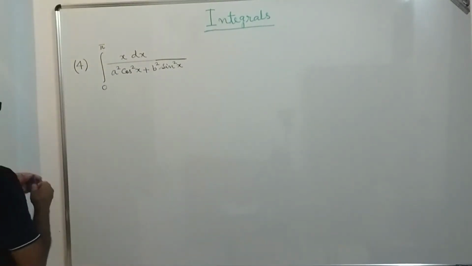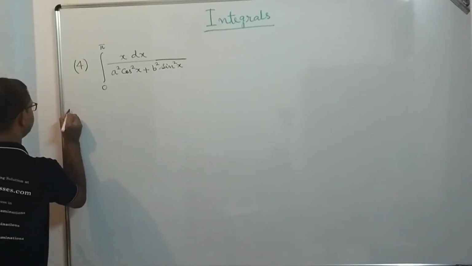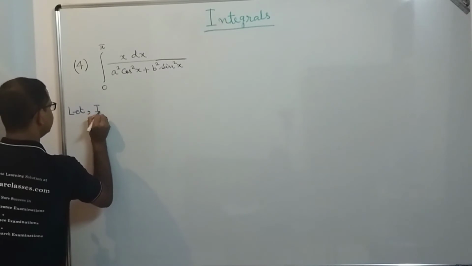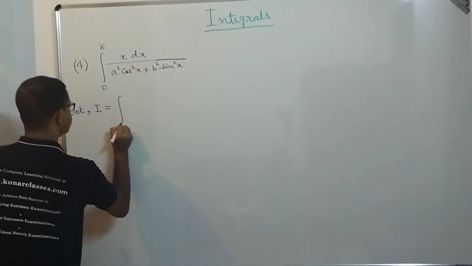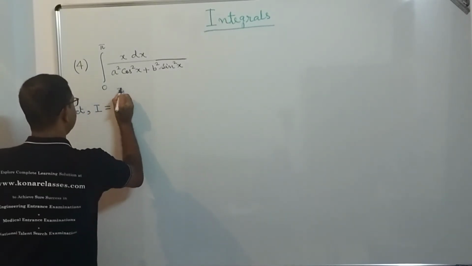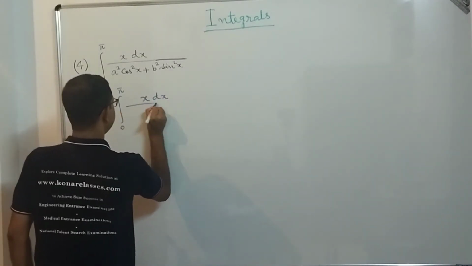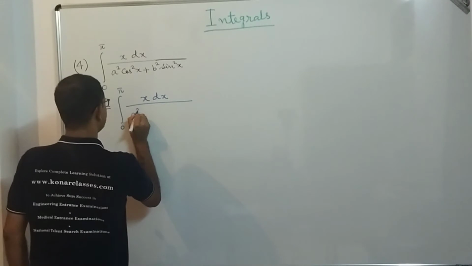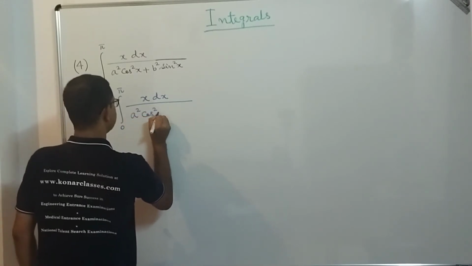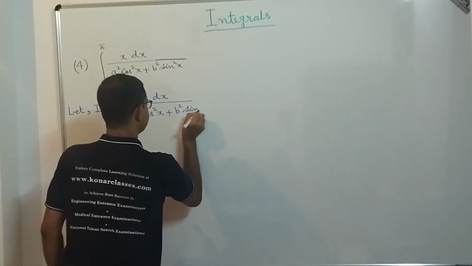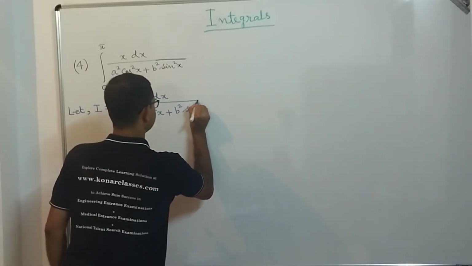So let us assume I is equal to the integration from 0 to pi of x dx divided by a square cos square x plus b square sine square x.